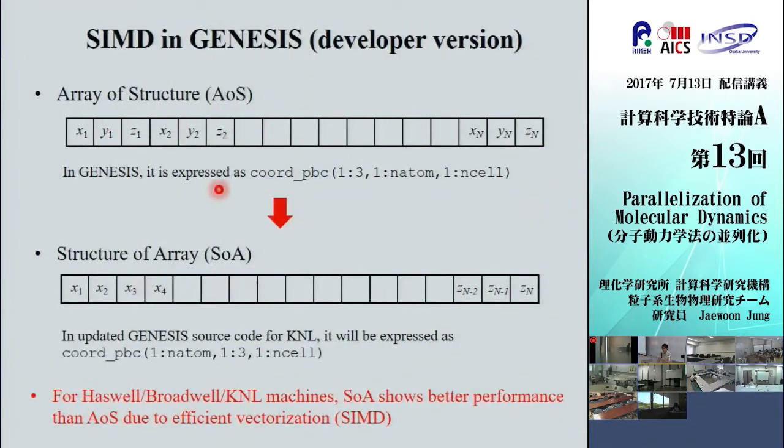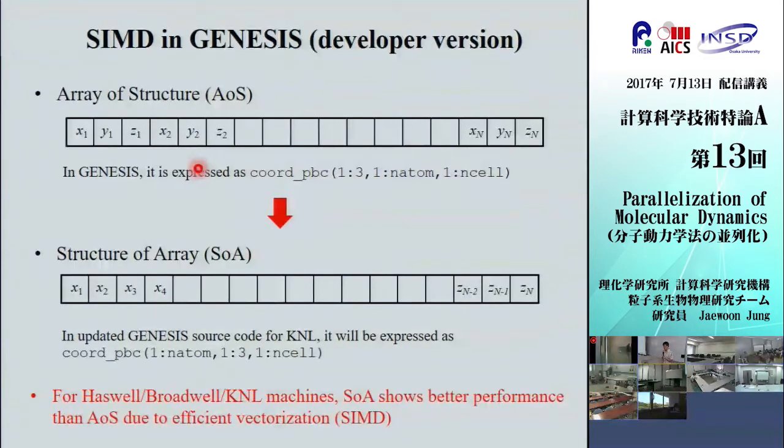So what is different? Now coordinates are three-dimensional: x coordinate, y coordinate, and z coordinate. Usually people make an array in this way: the first x coordinate, first y coordinate, first z coordinate, and second x, y, z, and third x, y, z, and so on. This is a conventional way.